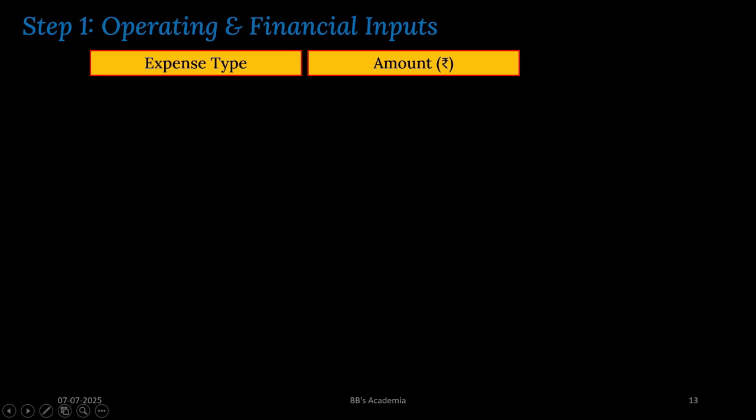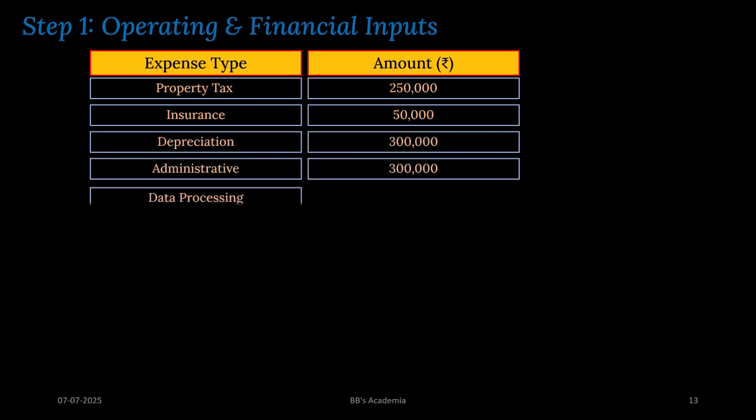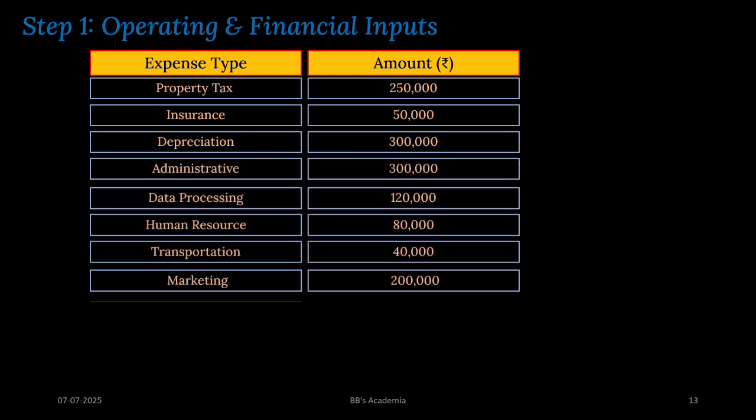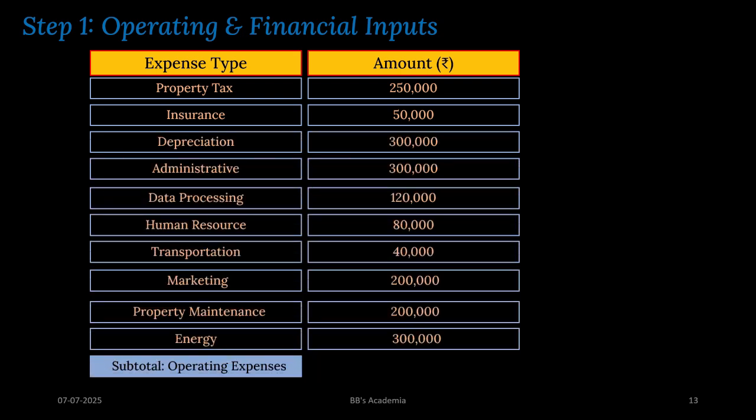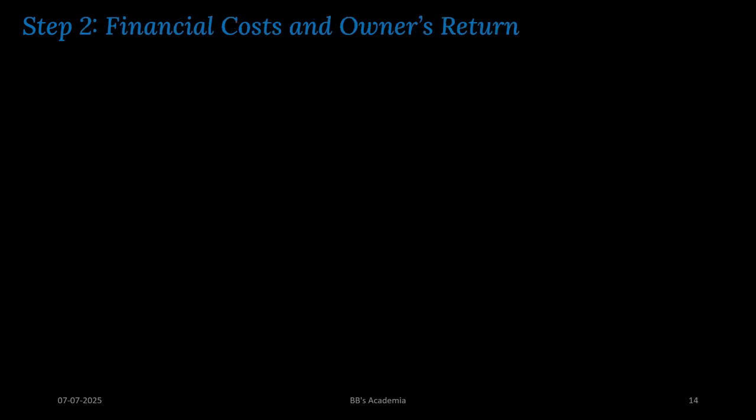Already you have seen the list of expenses, so I am putting them here one by one, calculating all the expenses. So the subtotal of operating expenses is 1,484 lakhs. Okay, fine.